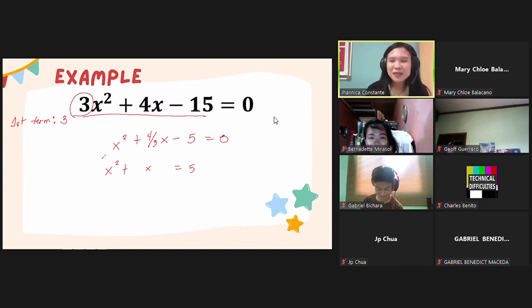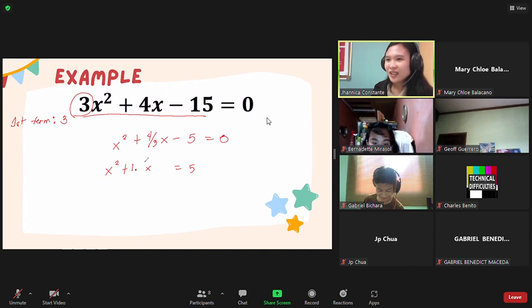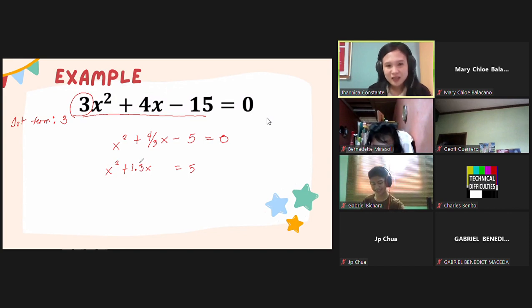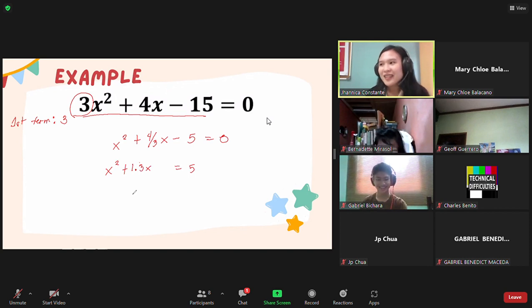What's the decimal form of 4 thirds? 1 point what? 1.3. So let's use 1.3 as the decimal form of our 4 over 3 since ayaw nyo ng fraction.